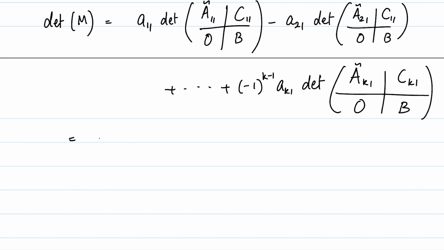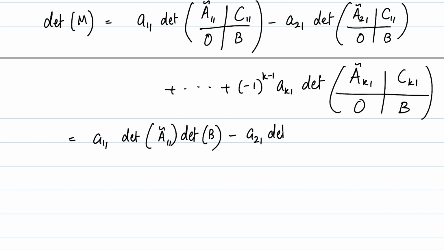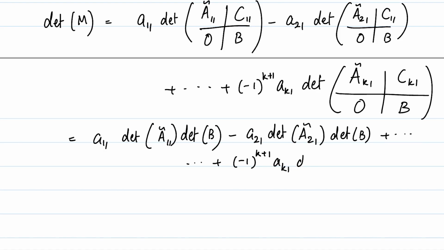I can write this as A11 times the determinant of A11 tilde times the determinant of B, minus A21 times the determinant of A21 tilde times the determinant of B, and so on, plus minus 1 to the power k plus 1, whichever is suitable for you, A k1 times the determinant of A k1 tilde times the determinant of B.